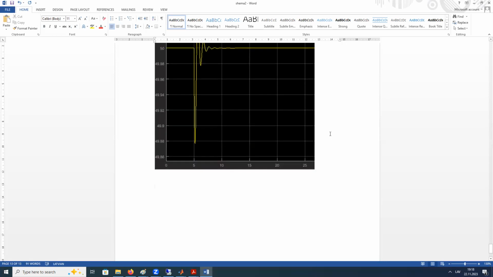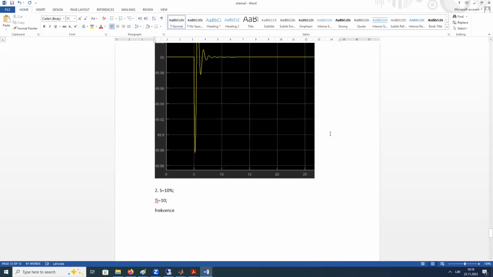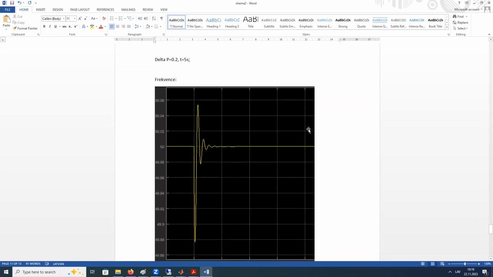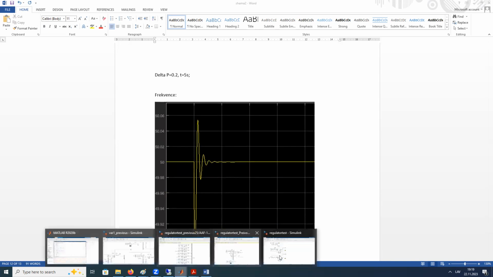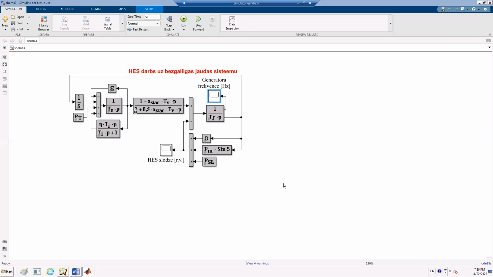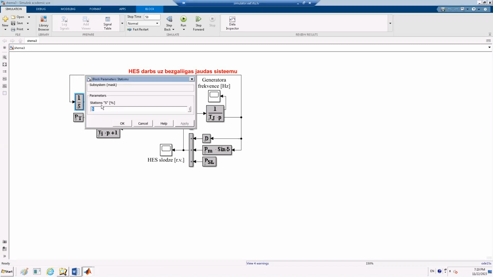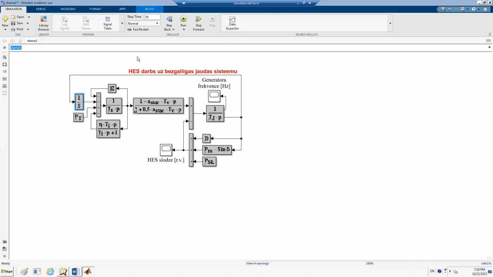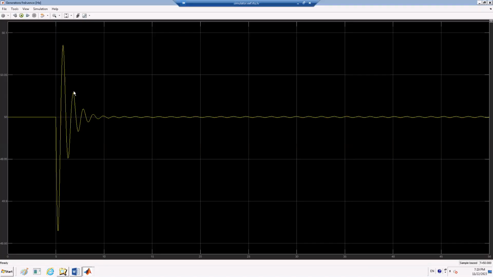So, for the last scheme, the main thing that is interesting to test is, let's come back here, this. For example, if we have only 1% here, this statism, how long will this process happen?